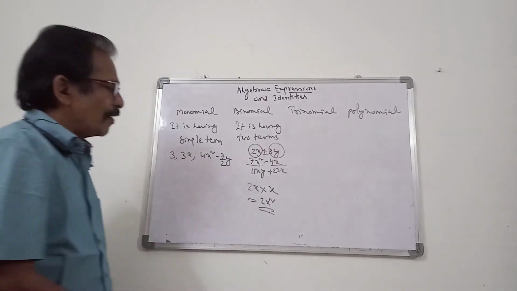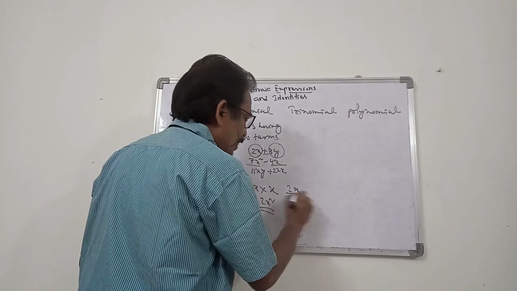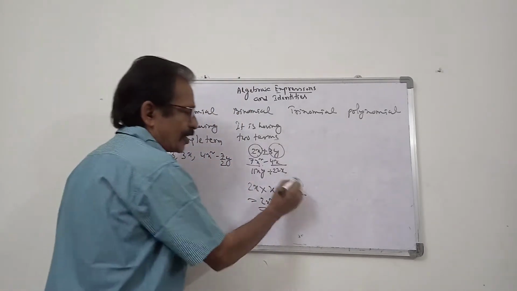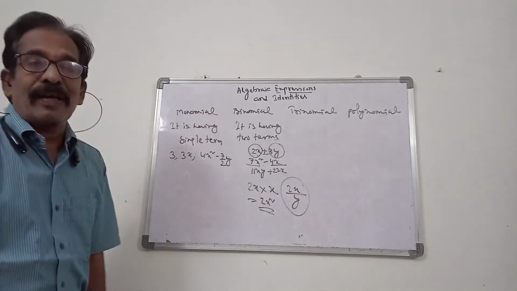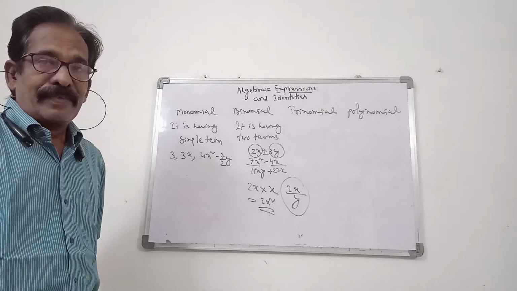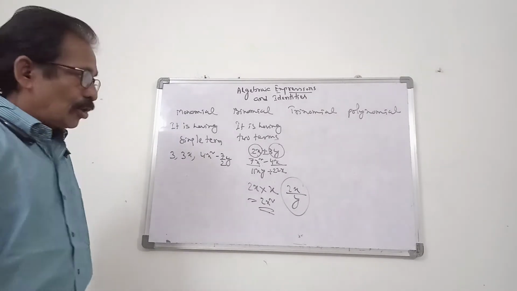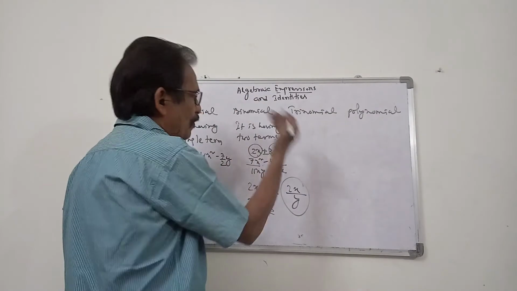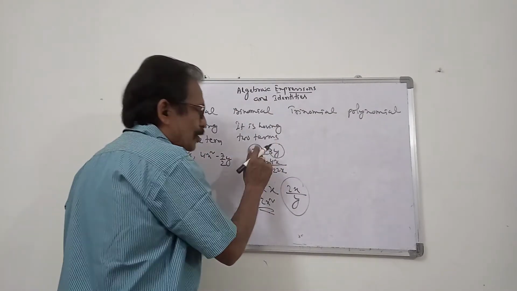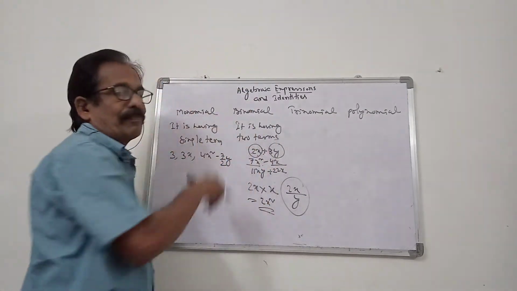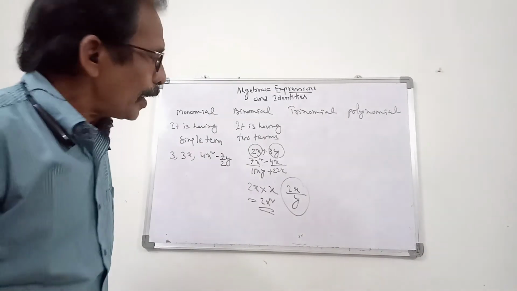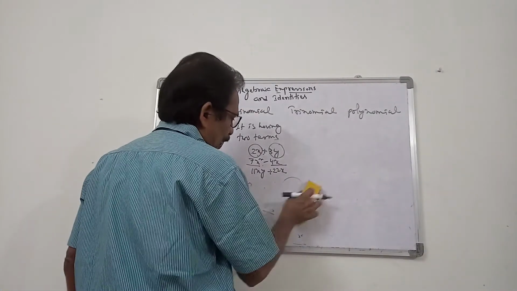Similarly, when you divide 2x by y, it is also a monomial, not a binomial. So when two monomials are joined with a positive or negative symbol, they become a binomial. Clear?